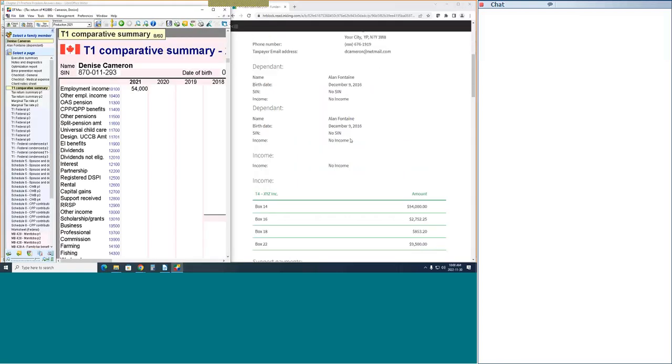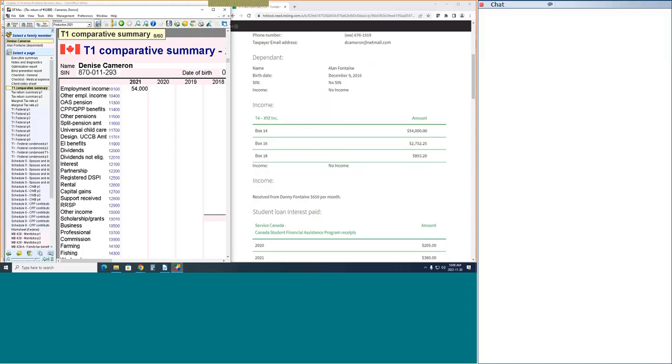So if we have, in this scenario, we find out that she has regular support payments that are coming from Danny Fontaine. Danny Fontaine was her ex-partner. Okay, and we're going to talk about how much that was and what we need to know. So she's going to say, yes, I get $650 per month. We need to know what type of support she was receiving, and did she have a court order or a written agreement that required it.